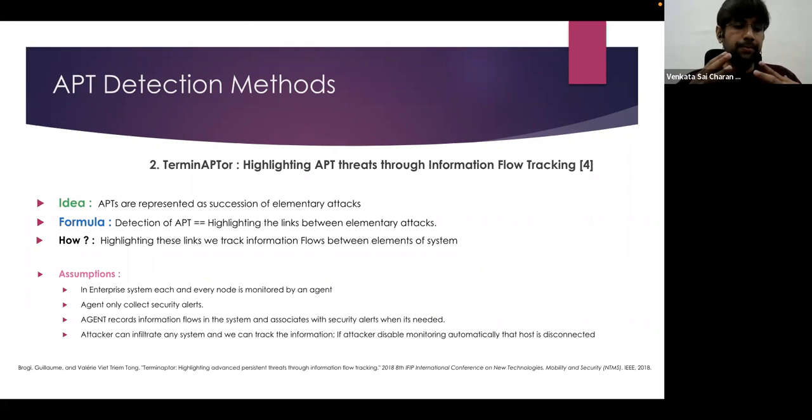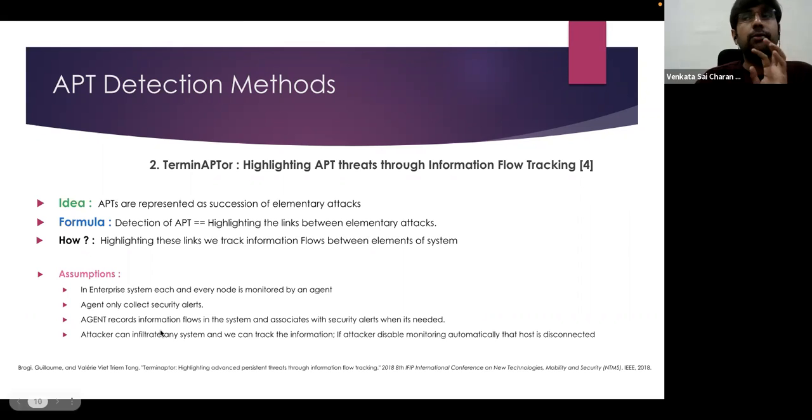Detecting APT, according to this research paper, means highlighting the links between the elementary attacks. The authors suggest tracking these elementary attacks by using events. If we can track the events in a clear way, then we can identify the links between these events in a particular time bound. Then we can track the APT attacks. So this is the high level idea of Terminaptor.